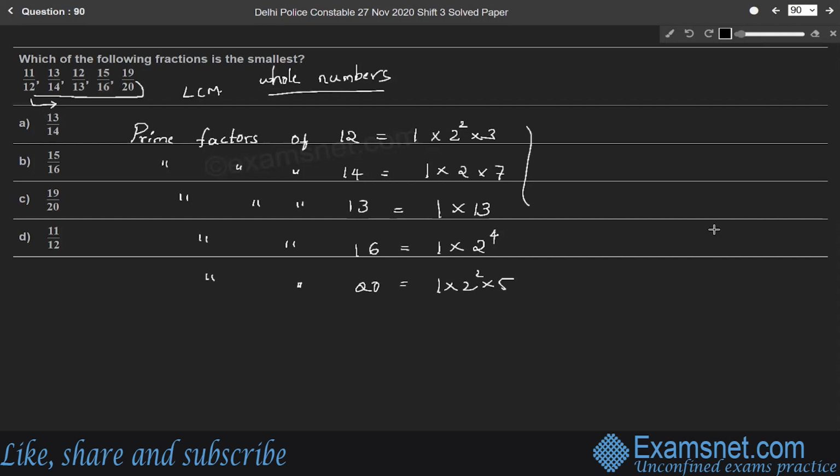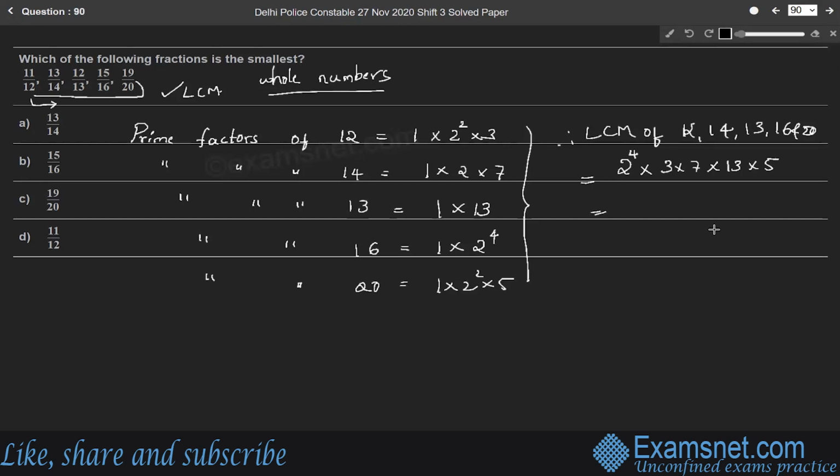So here, by combining all these, the LCM of 12, 14, 13, 16 and 20 is 2 to the power of 4 into 3 into 7 into 13 into 5.